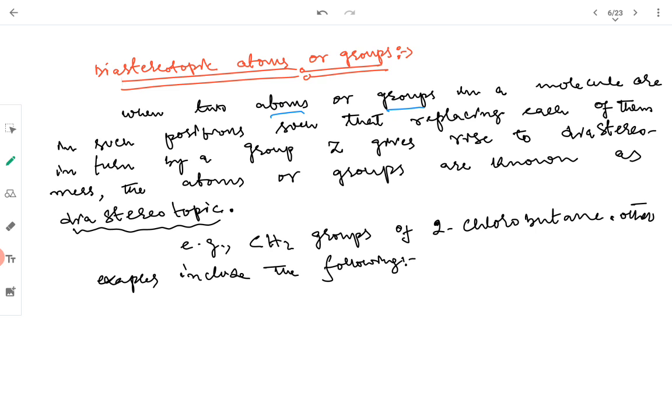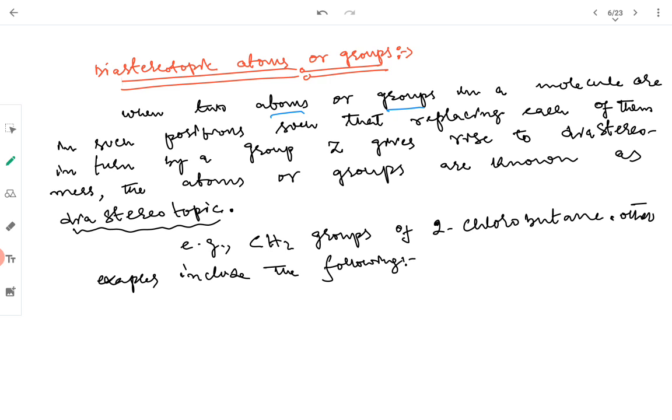Replacing these two groups by any group Z, stepwise in different steps, if it gives rise to diastereomers, then those atoms or groups will be known as diastereotopic.